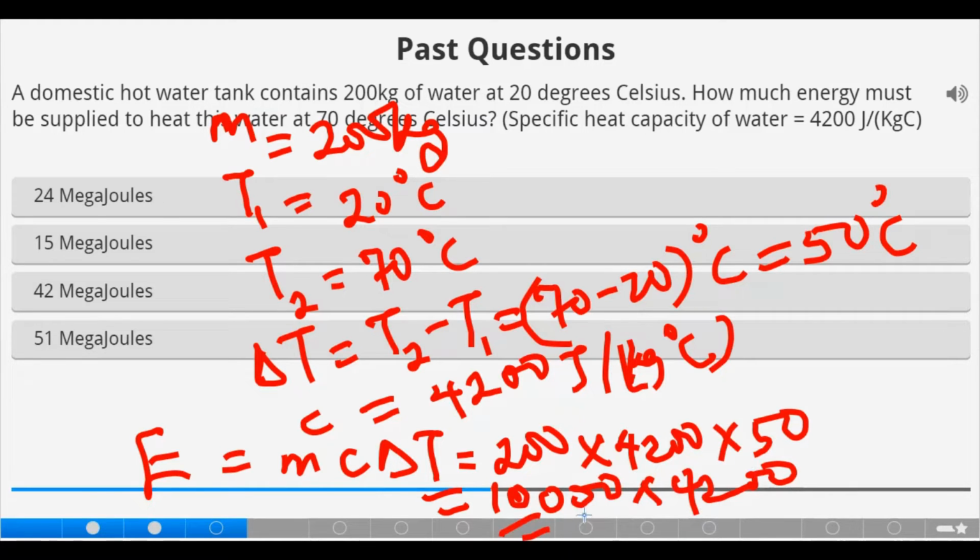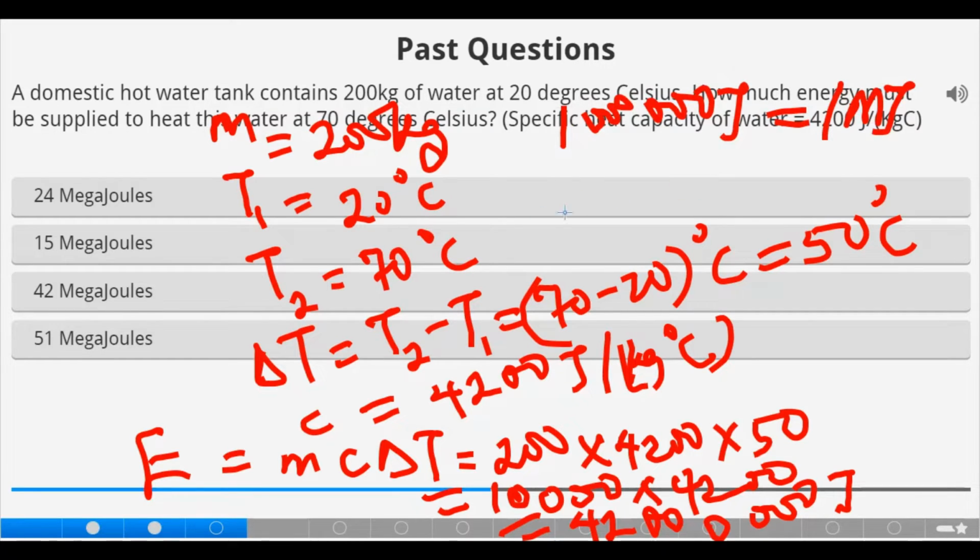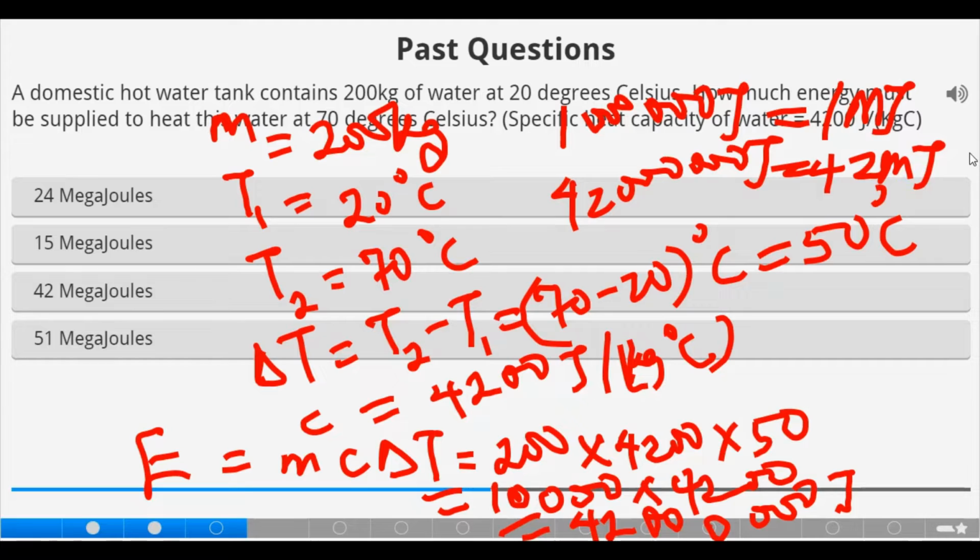So with that, our answer now is 42 million joules. And don't forget that 1 million joule is equal to 1 megajoule. So with that, since we have 42 million joules, that's 42 megajoules. So let's pick 42 megajoules as we have it in the option and check.